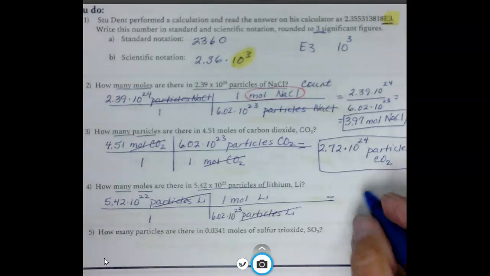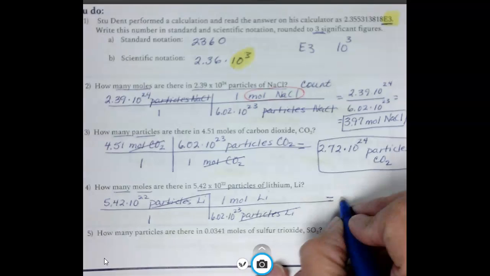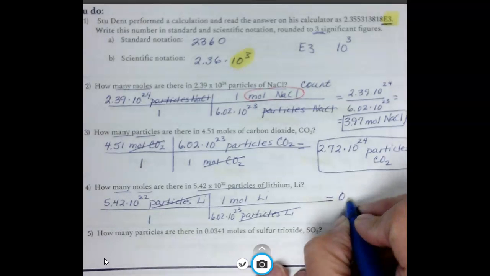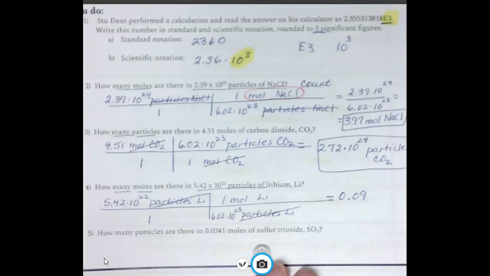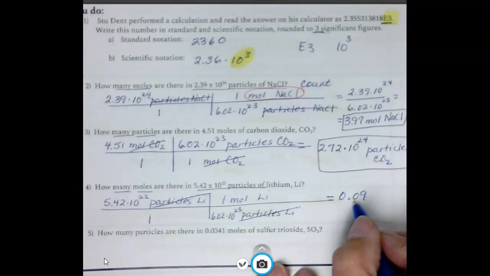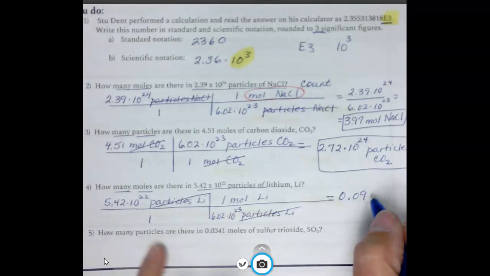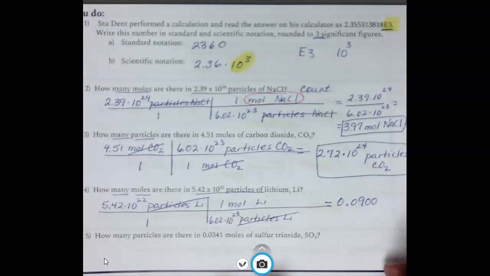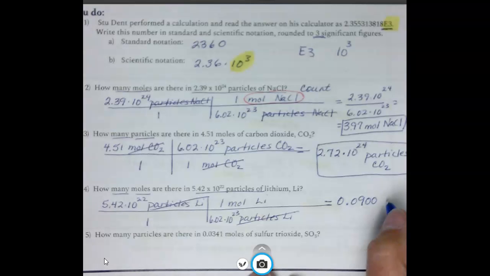Okay, so I get 0.09. We talked about we wouldn't even have a whole one. 0.0900. Now remember, this is not significant, so I need 3. So it's going to be there, and the next number is a 3.